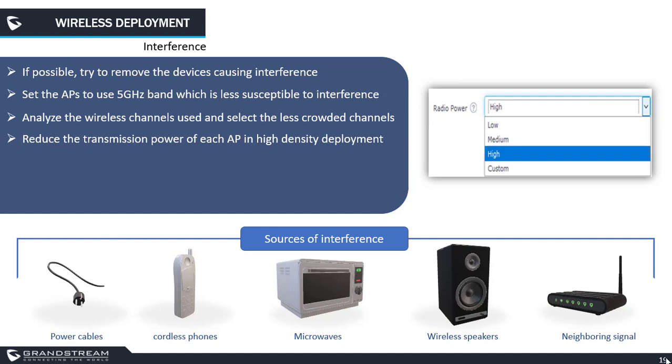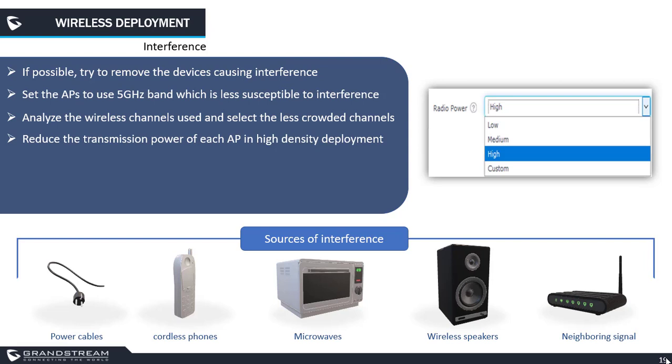Another thing, especially useful when you have multiple access points deployed. Let's say you have one SSID and you are using one access point as the master and 5 other access points deployed in the same environment. One of the things that you need to pay attention to is the radio power, because sometimes there's a difference between the radio power and the signal strength.